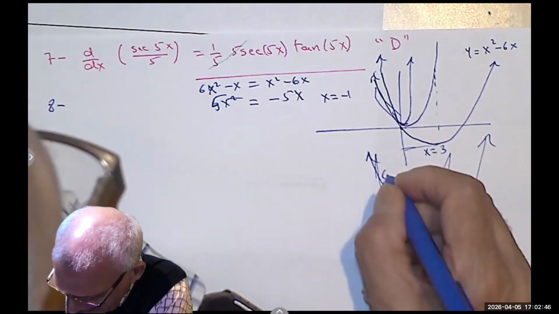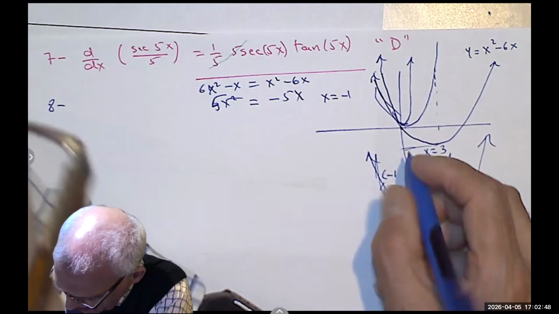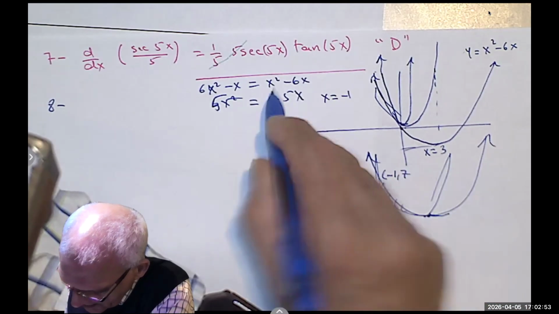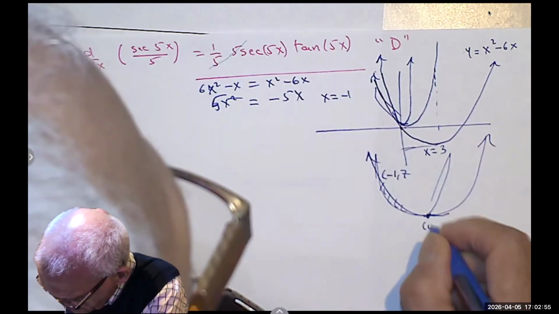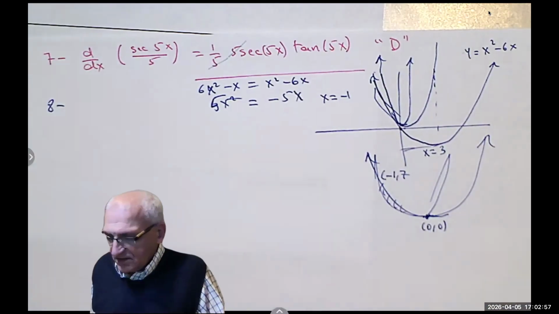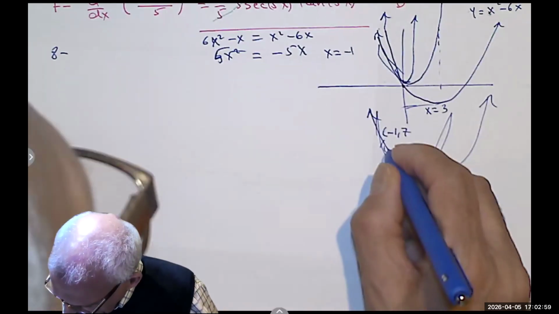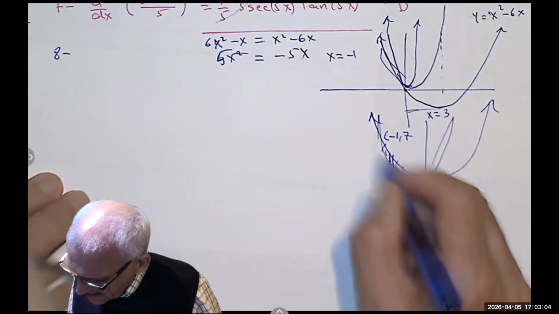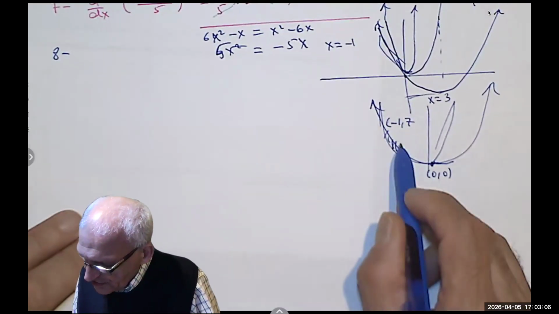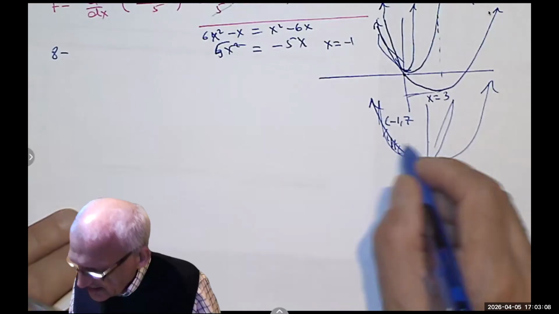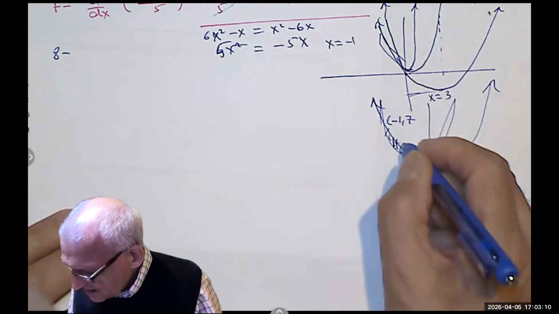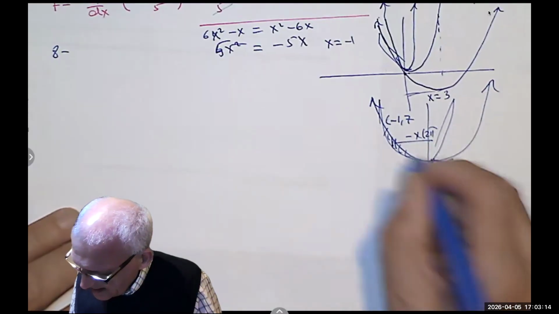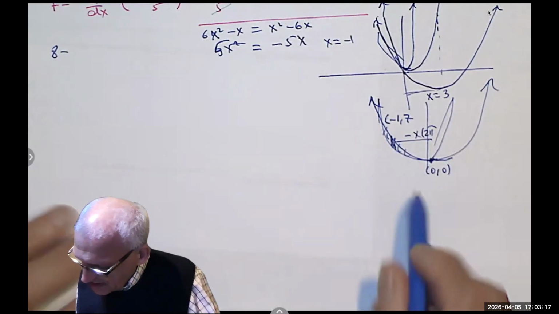So at -1 and 7, and 0 and 0. These are the 2 points of intersection. And you want to take this region and rotate it about the y-axis. So really it's going to be this distance x, or -x, times 2 pi times that height.